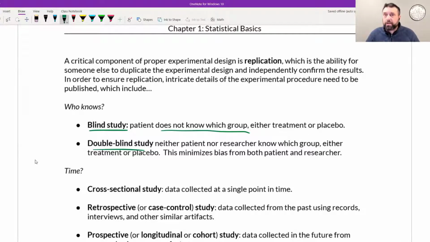Now, make no mistake, somebody knows, right? Like there's somebody three layers back that is keeping track of who's getting what. But what this does is it prevents the person administering the treatment or the placebo from subconsciously giving away which treatment or placebo the patient is receiving.